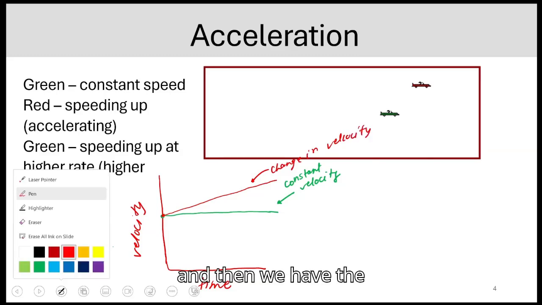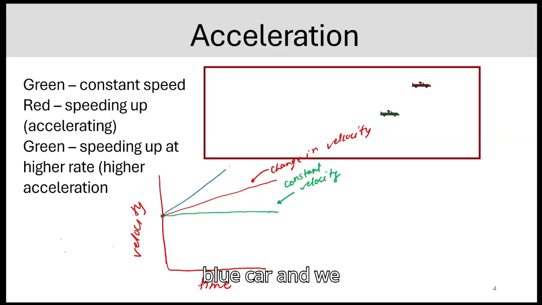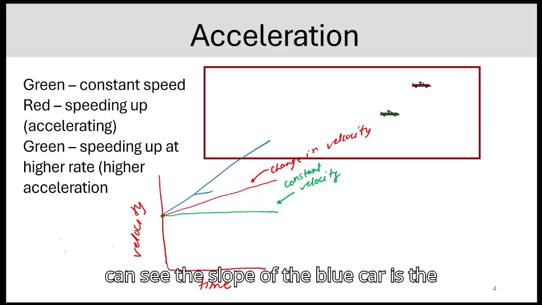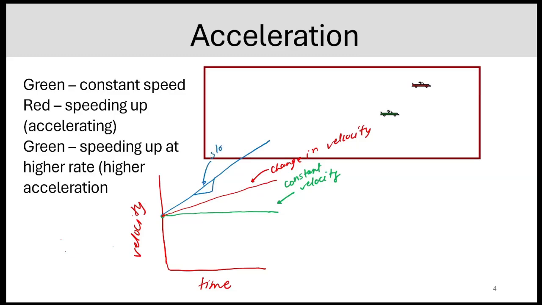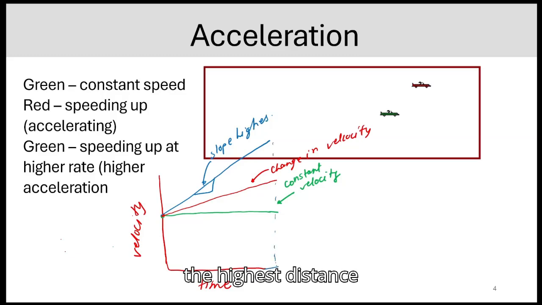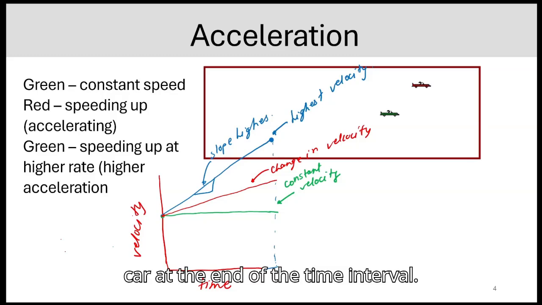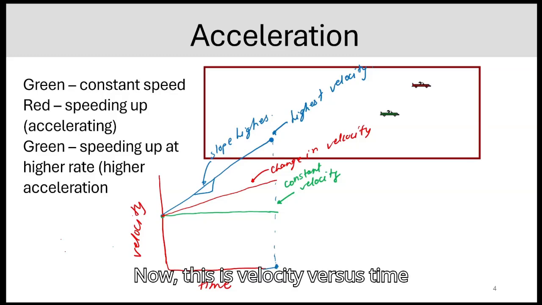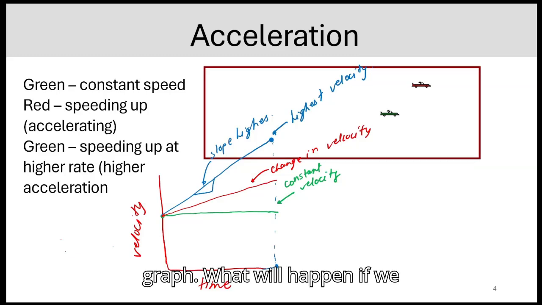And then we have the blue car, and we can see the slope of the blue car is the highest, meaning at the same time it will cover the highest distance, and at the end of the time interval the velocity will be highest for the blue car. Now this is the velocity versus time graph.